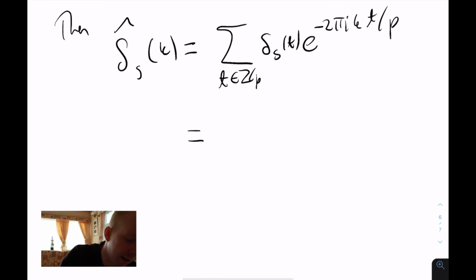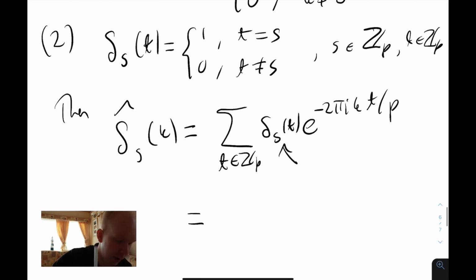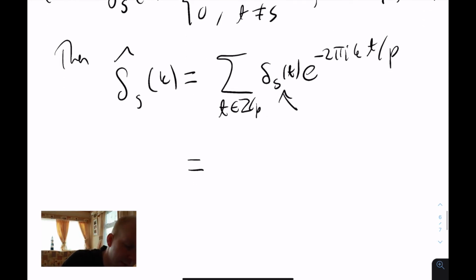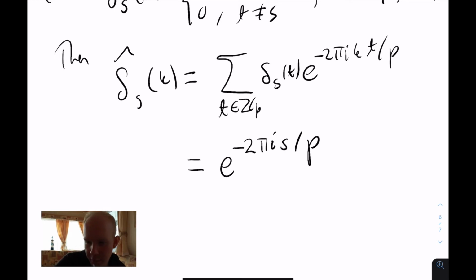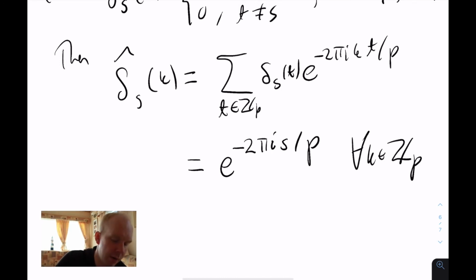Now you can see that this quantity here, by definition, is only 1, it's non-zero only when t is equal to s. So what you obtain is that the only thing that remains is e to the power minus 2 pi i k s over p. So that's the Fourier transform for any k in Zp. No matter what k we choose, we get the same quantity.